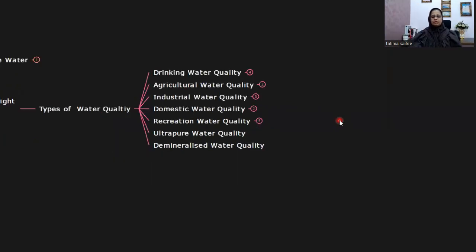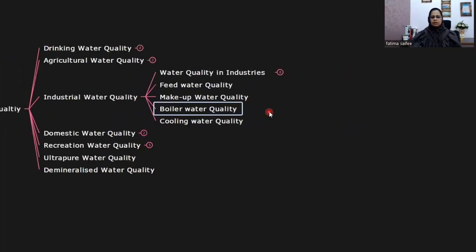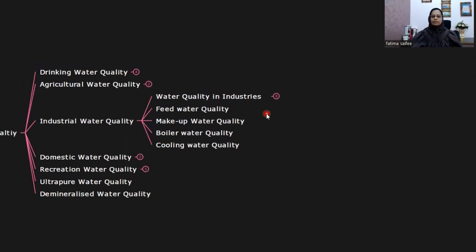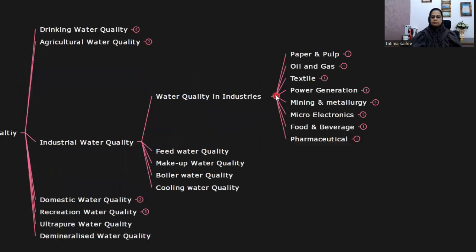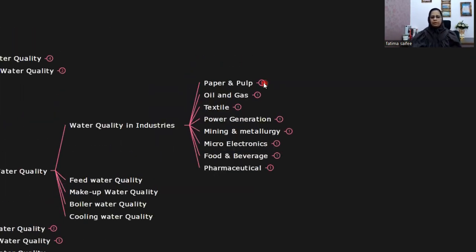Next is industrial water quality. In industrial water quality, the water quality may vary based on the different industries and processes, and also the performance and quality of the product. If you consider the paper and pulp industry, here we normally use fresh water because a lot of water is used in this industry.